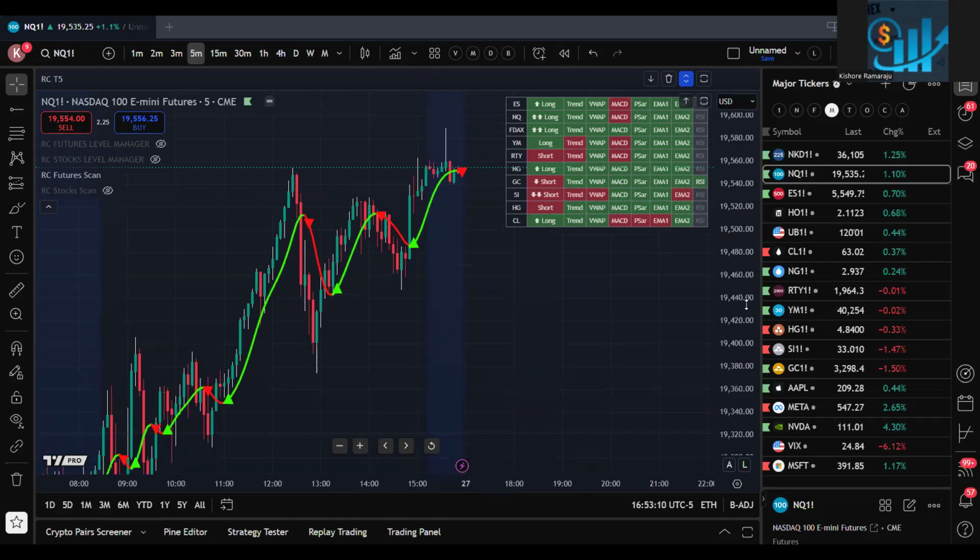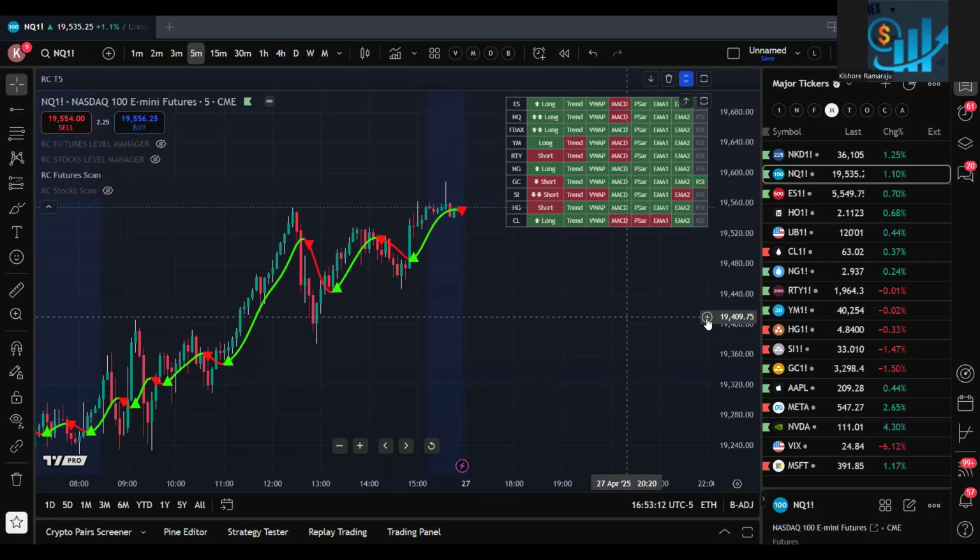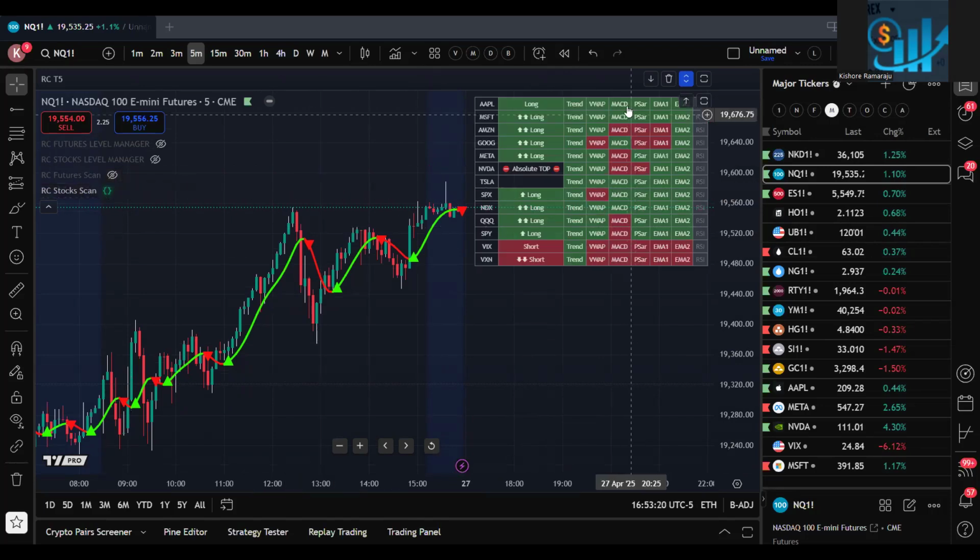So whenever you get any buy sell from any of the indicators, this scanner will help you to understand, okay, should we go long, should we go short. If NDX or SPX or something is looking completely green. Apple is completely looking green.